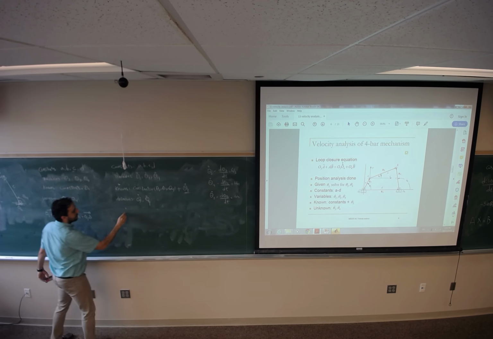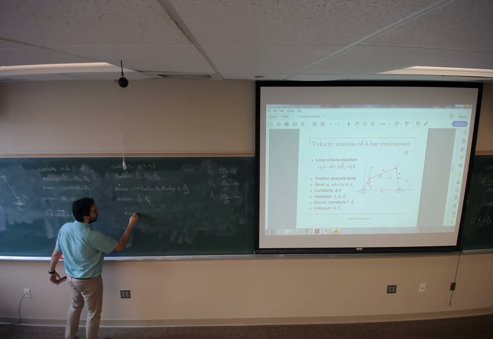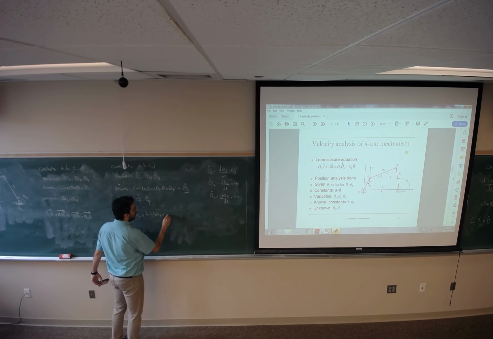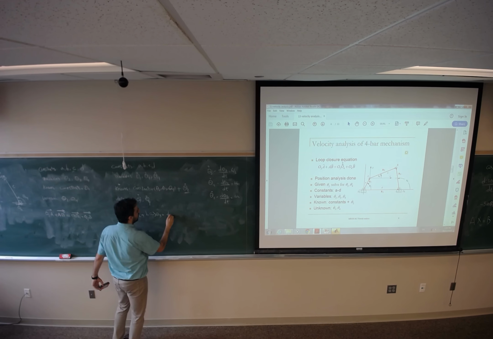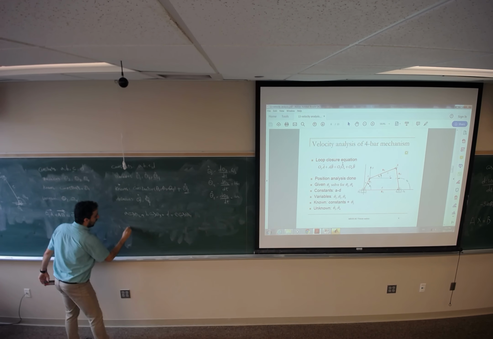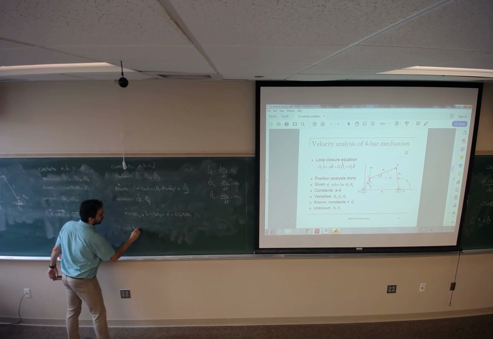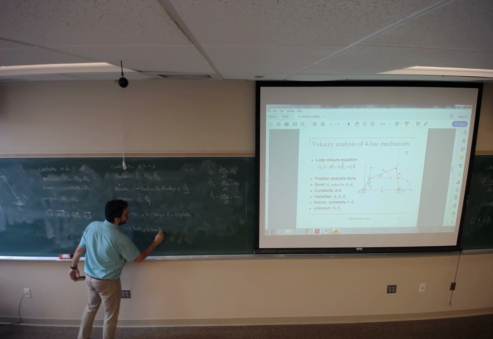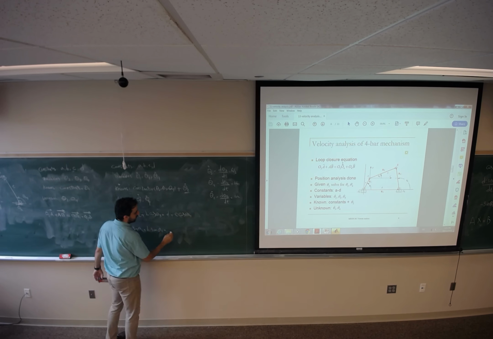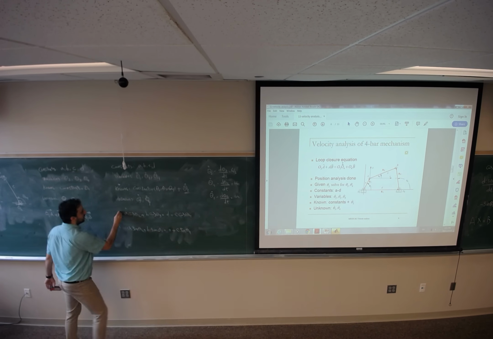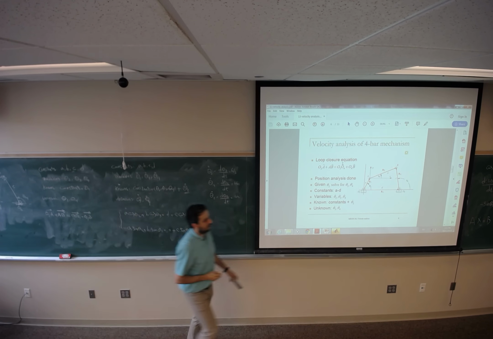The X component would be A cosine of theta 2 plus B cosine of theta 3 equals B plus C cosine of theta 4. And the Y component would be A sine of theta 2 plus B sine of theta 3 equals, B doesn't have any X component, 0 plus C sine of theta 4. This is the X and Y component of the vector loop equation.